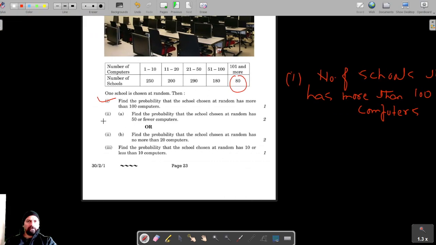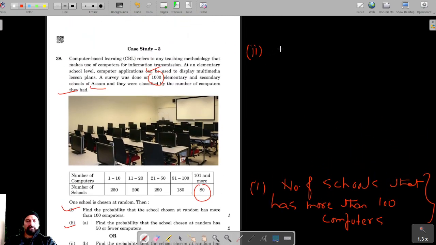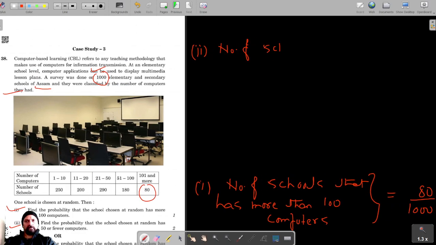And the next question is, find the probability that a school chosen at random has 50 or fewer computers. So number of schools that has 50 or fewer computers.